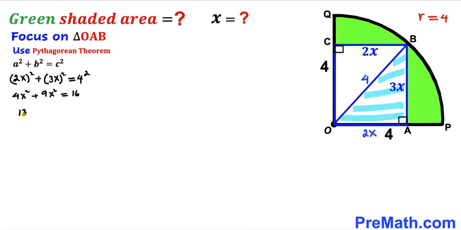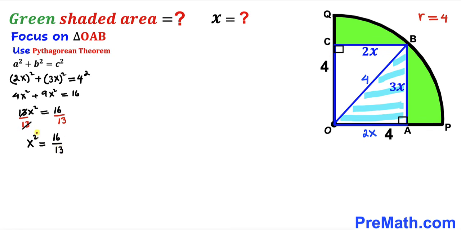So we got 13x square equals 16. Let me divide both sides by 13 to isolate x square. Here we can see 13 and 13 are gone. So our x square value turns out to be 16 divided by 13.